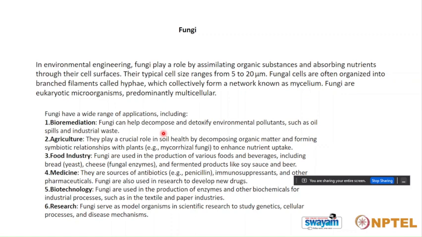In the food industry, fungi are utilized for producing different fermented products like soy sauce and beer. Other milk based products are also produced by fungi, for example cheese.